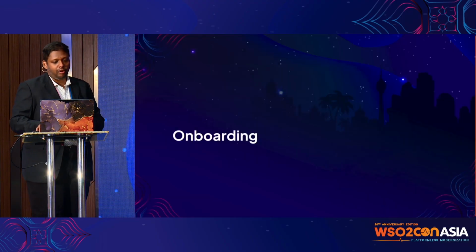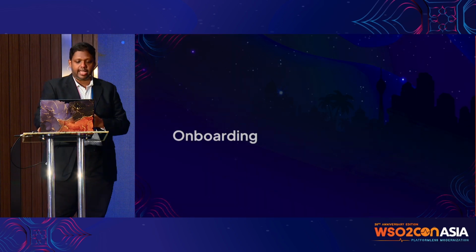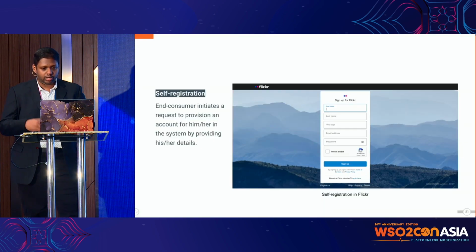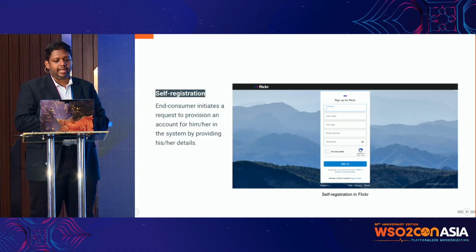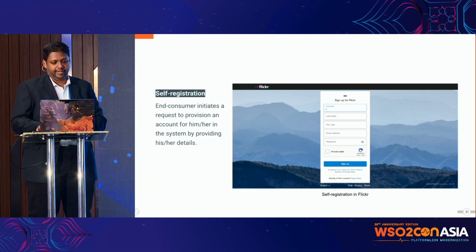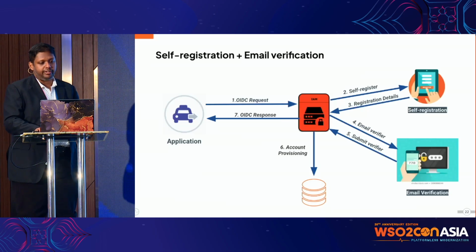So first of all, onboarding, right? What are the patterns we can see in onboarding? When it comes to consumer IAM, we see a lot of self-registration, right? When you want to access an online service, it's going to prompt you with a self-registration page, and then you fill in your details, create an account, and access the service, right? That's what we call self-registration.